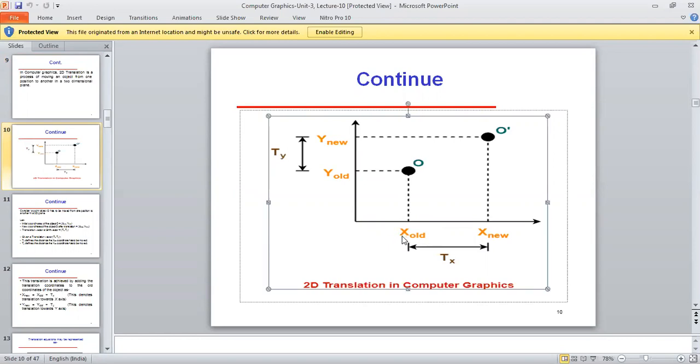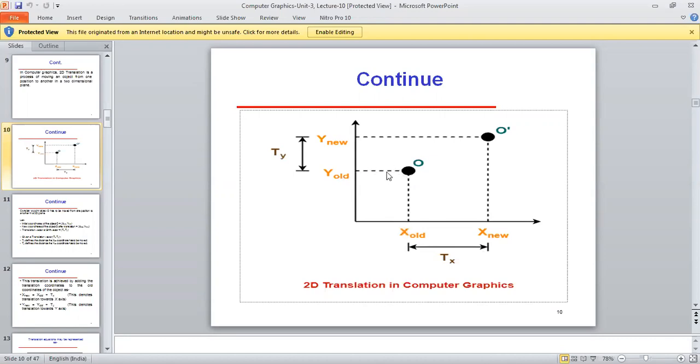These are the initial coordinates x old and y old.